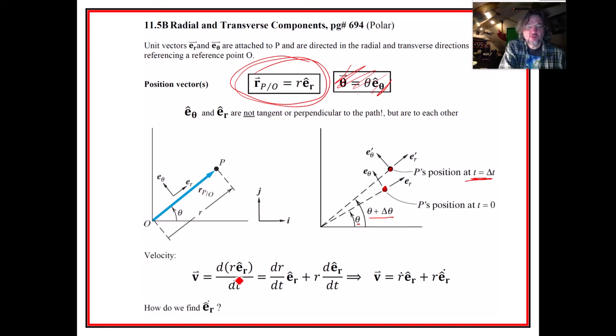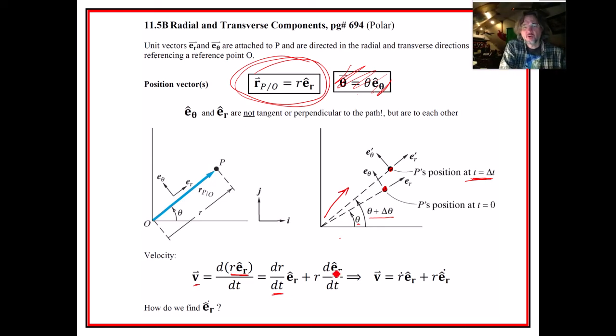Well, velocity is going to be the time derivative of that position vector as we defined it, and using the chain rule, we have dr/dt. So that really represents the amount of change that has happened in the radial direction, how far it has moved away from that center.